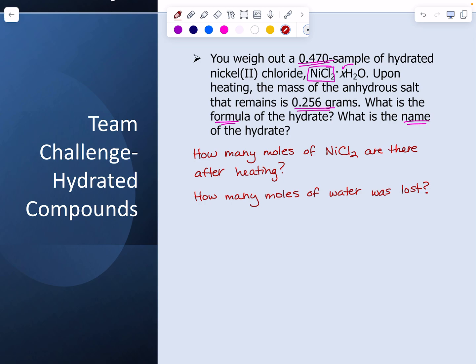You can divide up, and each group person can do part of the problem.